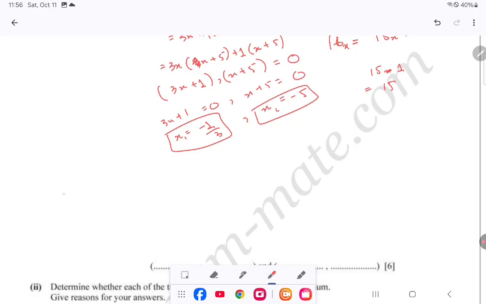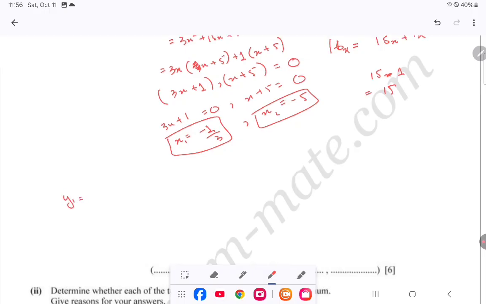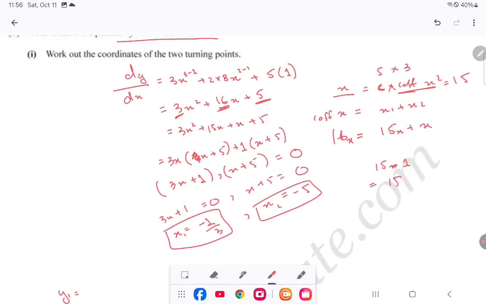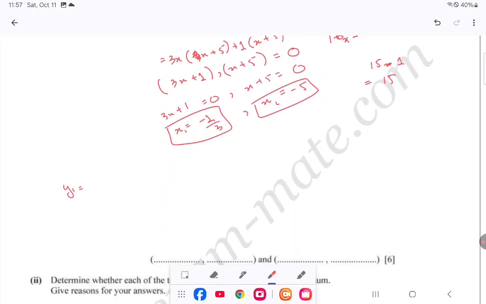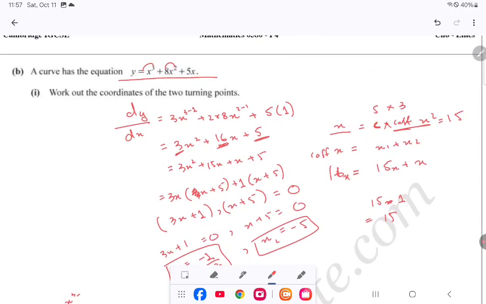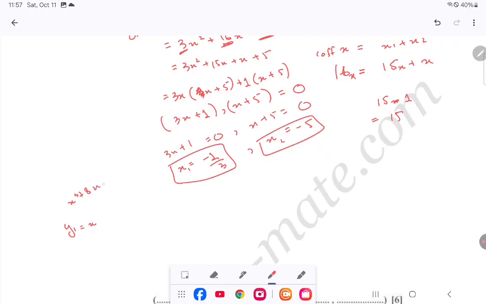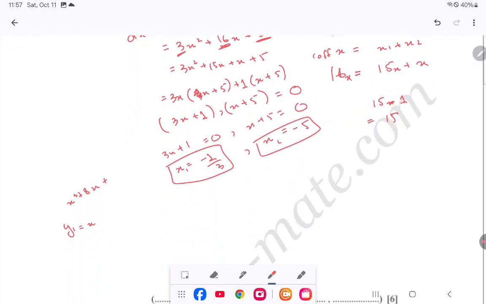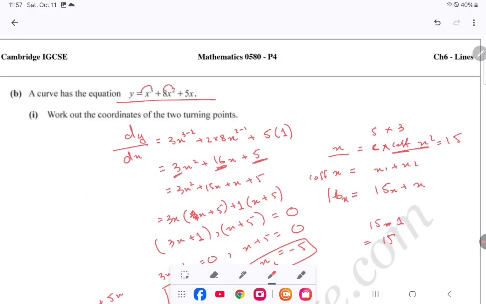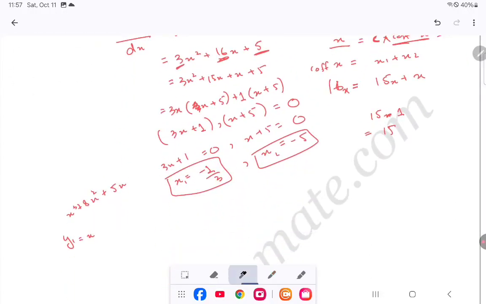Now y1 is equal to, sorry, this is the equation x cube plus 8x square plus 5x. Now simply put the values, x for negative 1 over 3 cube plus 8 negative 1 over 3 square plus 5 negative 1 over 3.